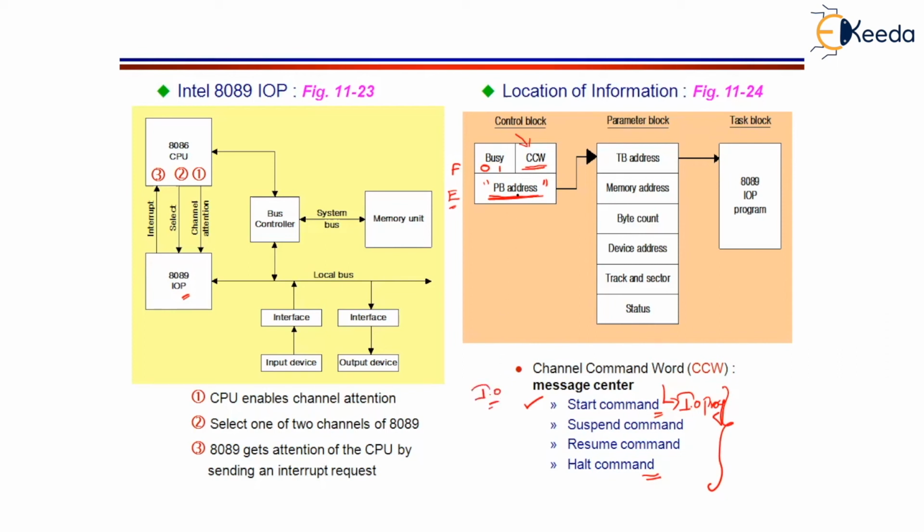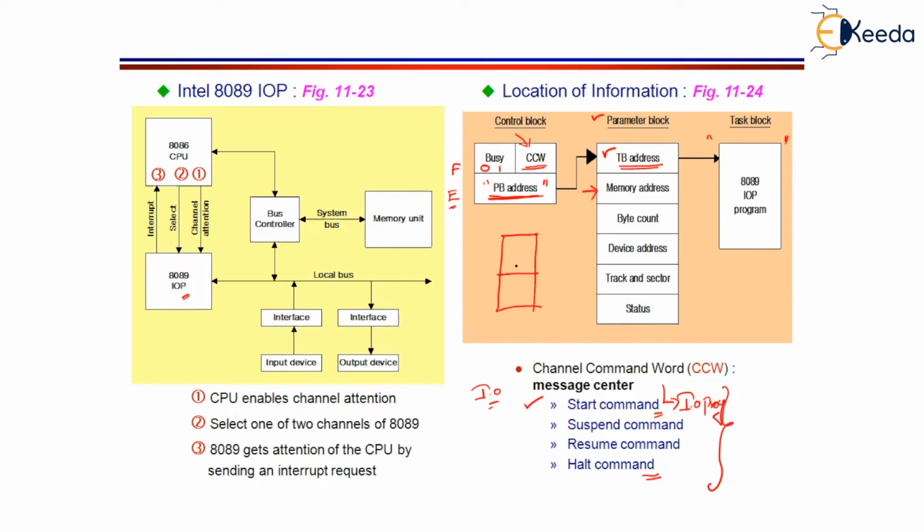Now the parameter block address is pointing to the parameter block, in which there is one pointer to the task block address. What is the task block address? The task block address is the actual IO program. Next field is memory address. What is the memory address? You know that the main memory is divided into two initial parts.